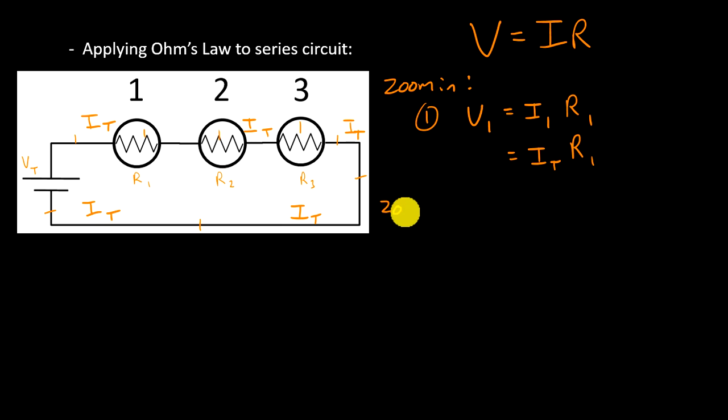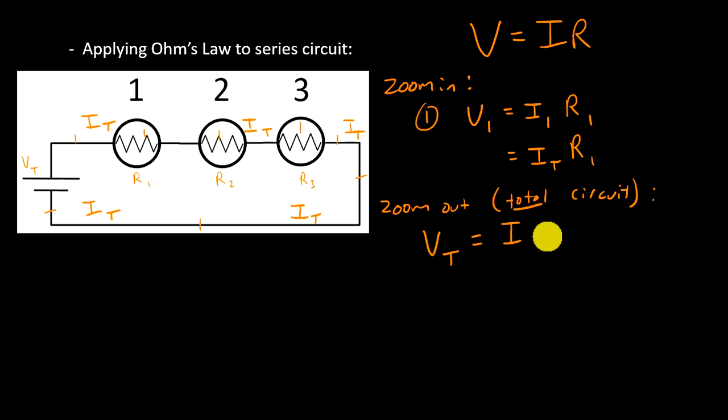I can also zoom out and look at the total circuit. If I zoom out, I can apply Ohm's law like this. The total voltage equals the total current times the total resistance. Like that. So the total voltage would be the current going through each of the different resistors.